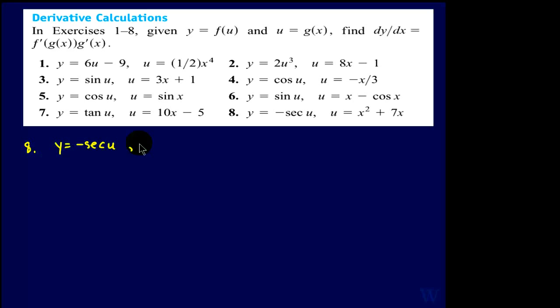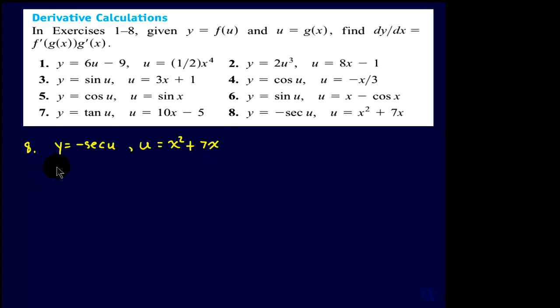What about number 8? In number 8, y is equal to negative secant of u, and then u is x squared plus 7x. So dy by du is equal to negative of, what is the derivative of secant?